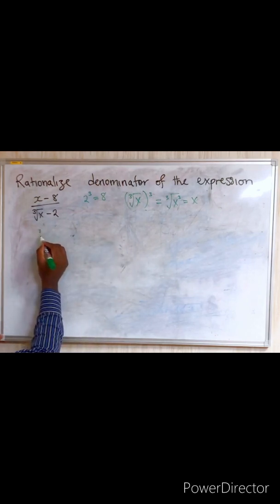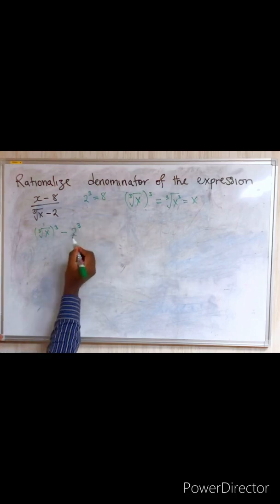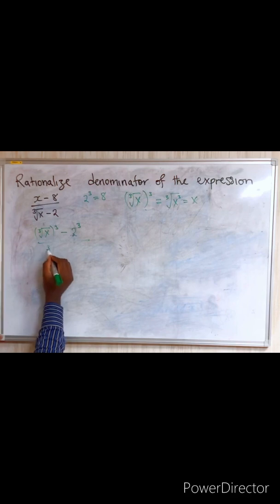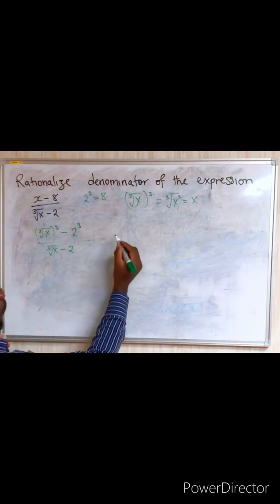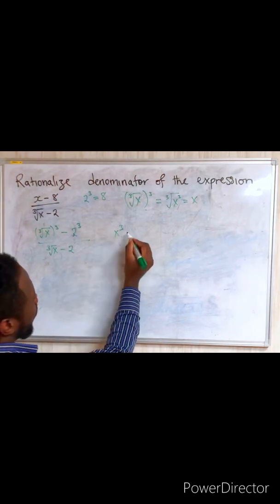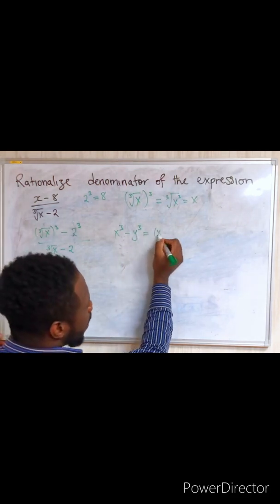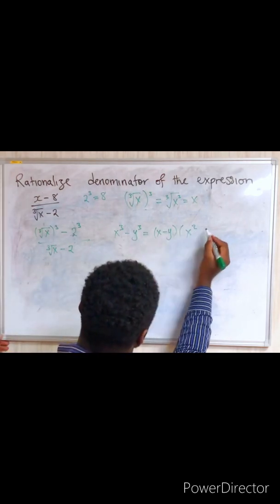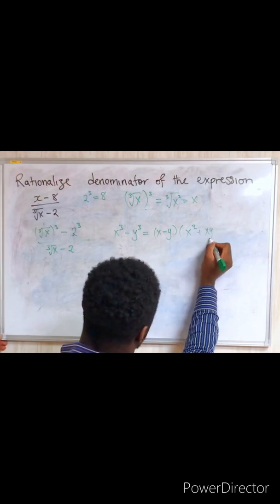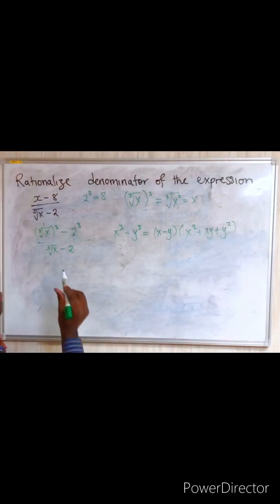So you have this to the power 3 minus 2 to the power 3 over third root of x minus 2. Now, we know if you have x to the power 3 minus y to the power 3, this will give you x minus y multiplied by x squared plus xy plus y squared, since you have minus here. So we replace on top with that.